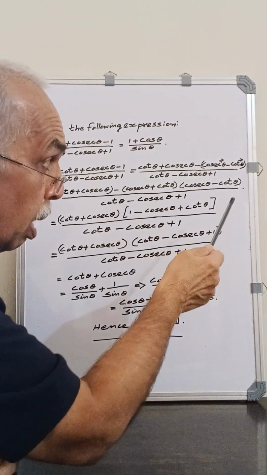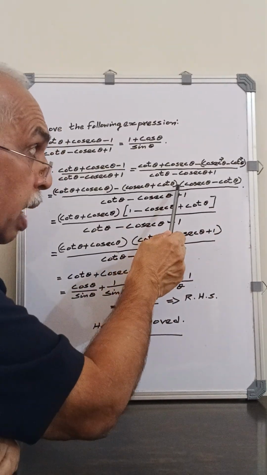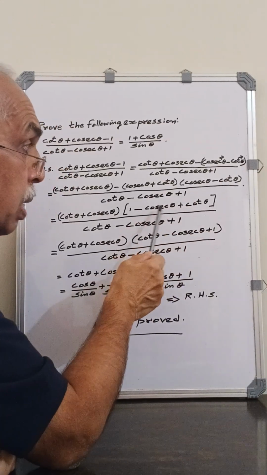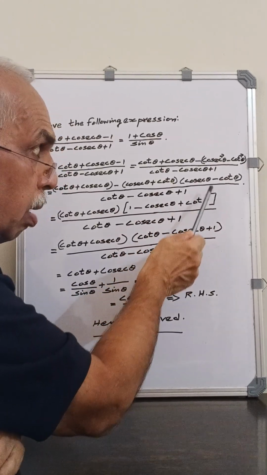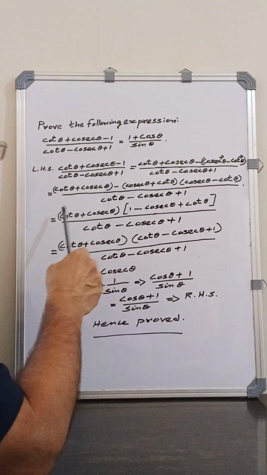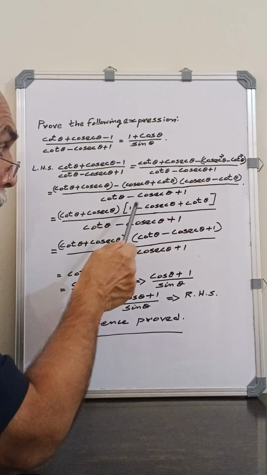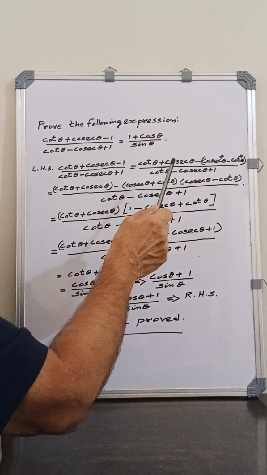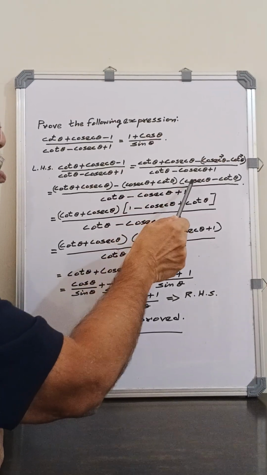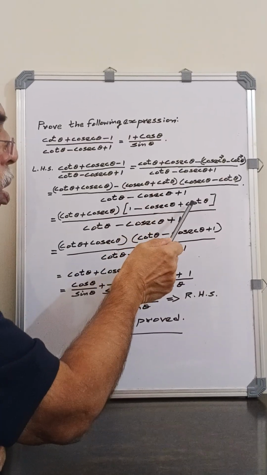Minus of cosec theta minus cot theta, when we take it inside the brackets, is minus cosec theta plus cot theta. This will become minus and this will become positive. Therefore, cot theta plus cosec theta into 1 minus of cosec theta plus cot theta.